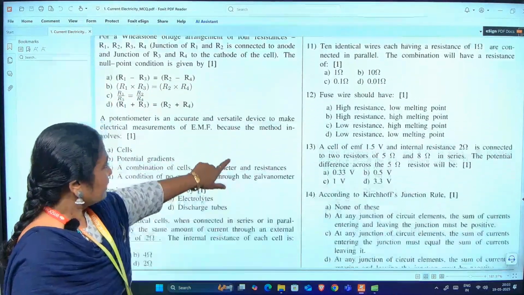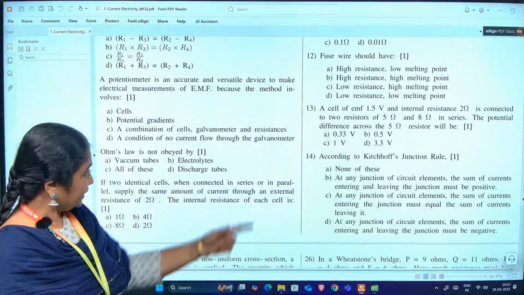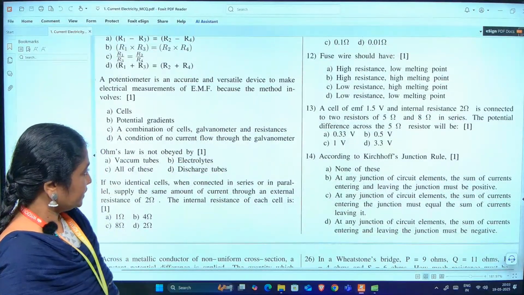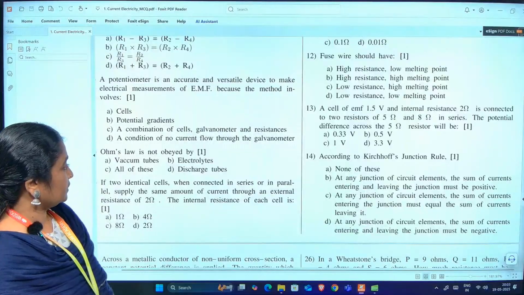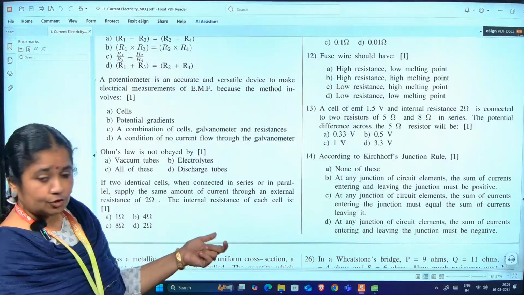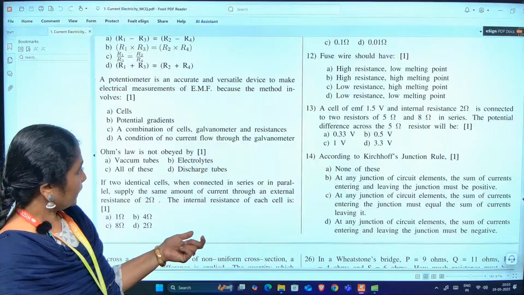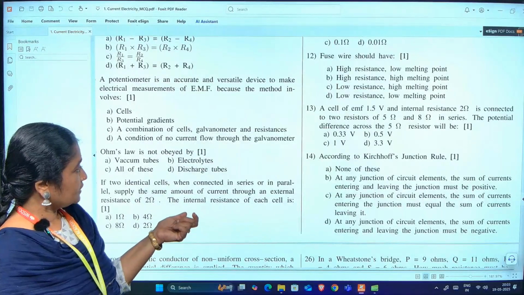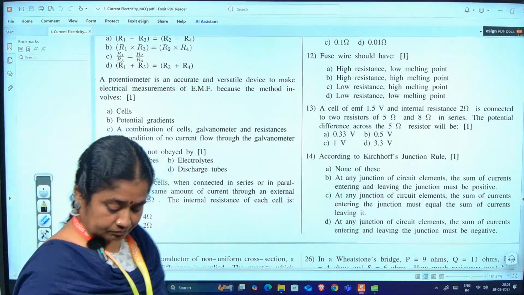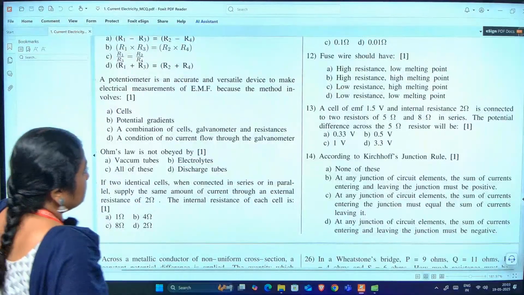13th question. A cell of EMF 1.5 volt and internal resistance 2 ohms is connected to two resistors, 5 ohms and 8 ohms, in series. The potential difference across the 5 ohm resistor will be. How will the circuit diagram look?